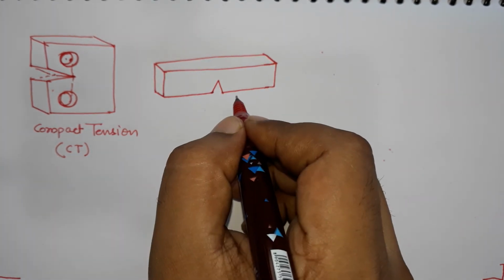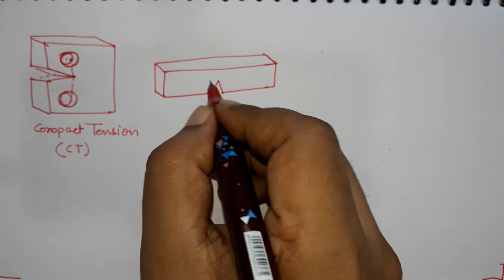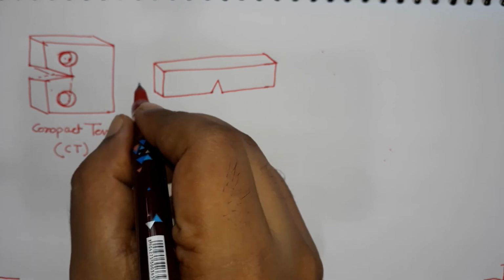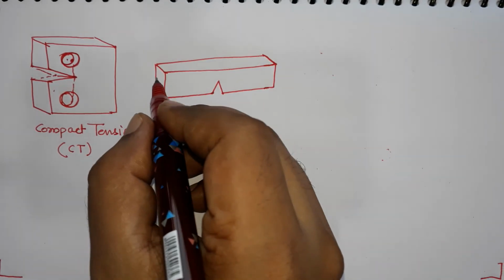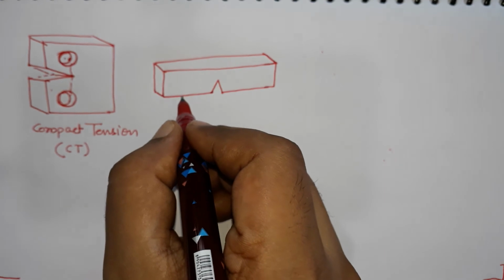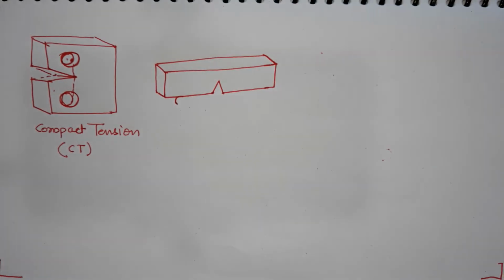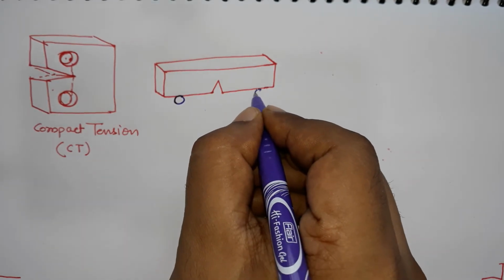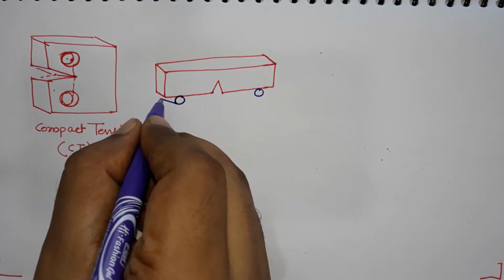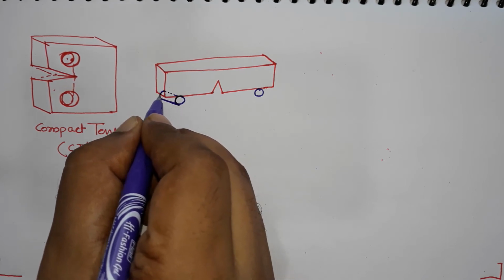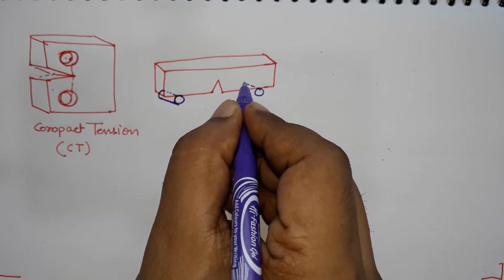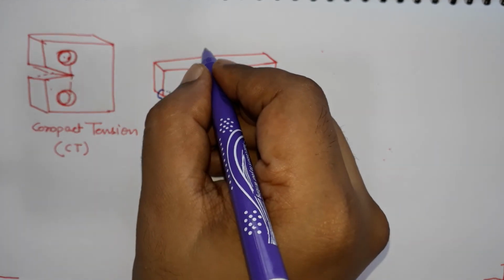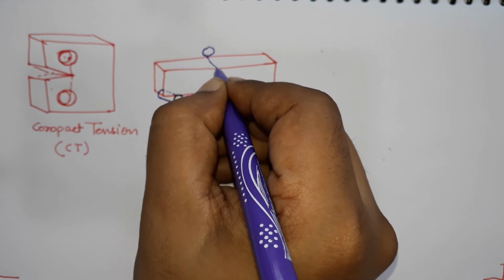So, this is another type of specimen where the crack is also through and through, but in this case we do not have holes, and there is no lower part. These are sides. So, we test it in 3-point bending. We have a roller here, a roller there, and another roller here.